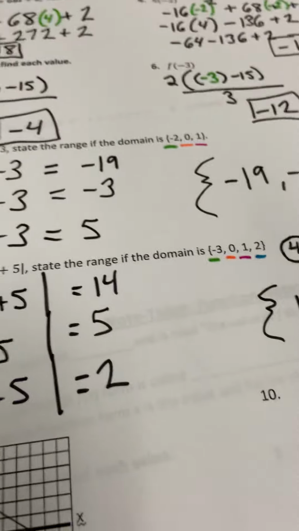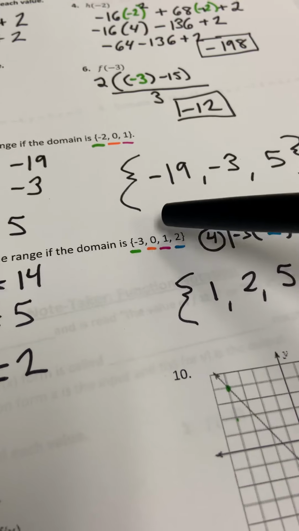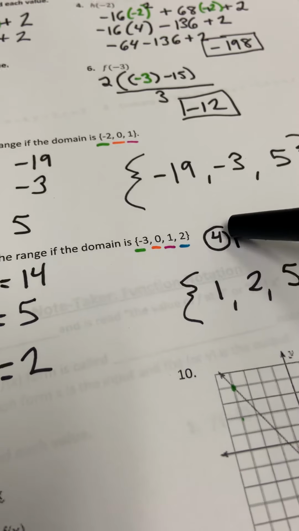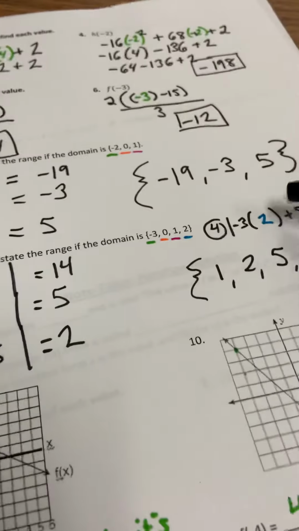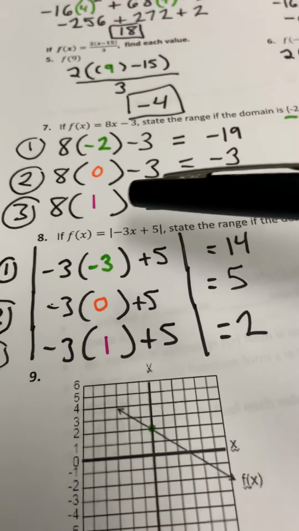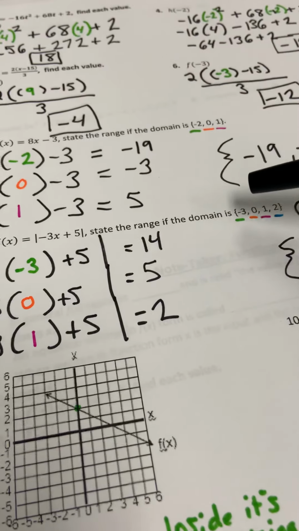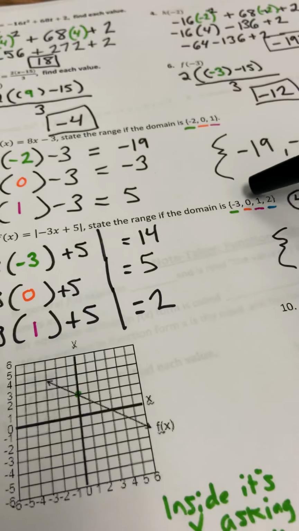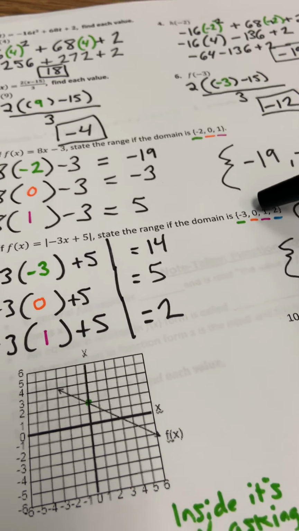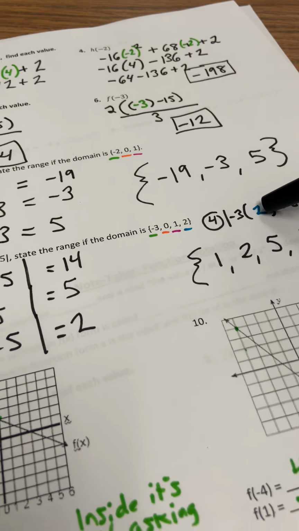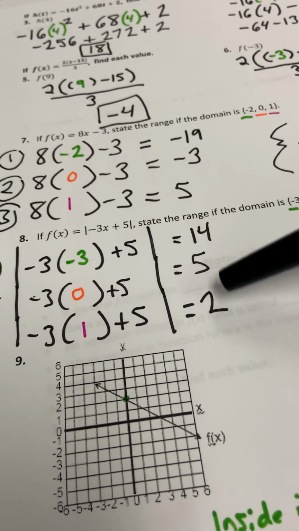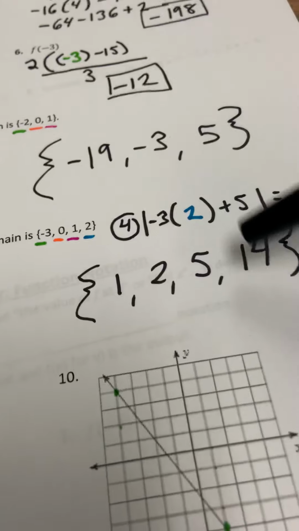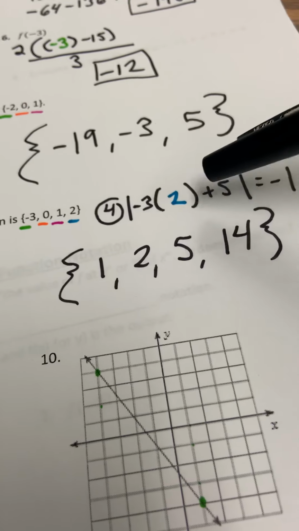So for this one, we're doing the same that we just did, except this one I have 4 x values to do. So I have 4 things to solve here. So I have negative 3, and then I plugged in negative 3 plus 5. I plugged in my 0, I plugged in my 1, and I plugged in my 2. Okay, so these were all positive already, but if I look over here, I had negative 3 times 2 plus 5.